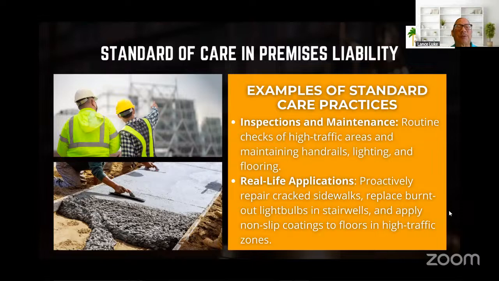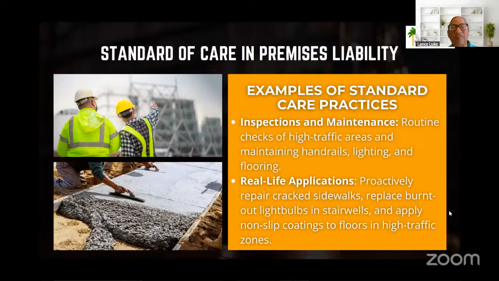Let's talk about standard of care and premises liability. Standard of care means that there's certain rules and regulations regarding doing certain things. And the standard of care is what is the standard practice? What is the norm? What is industry standard regarding maintaining a building?